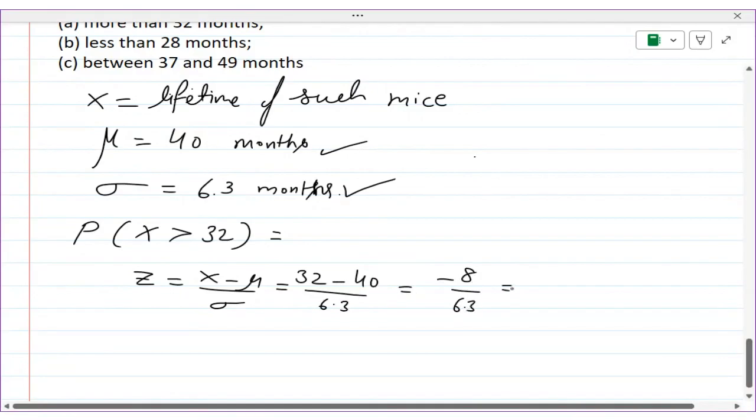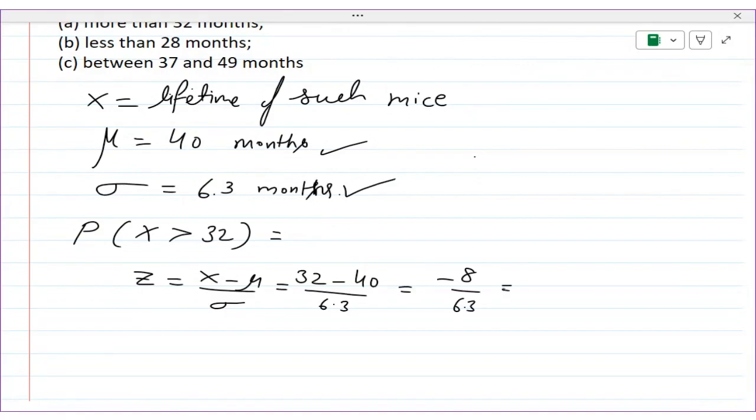Using the calculator, minus 8 divided by 6.3 is minus 1.269, so I am making it minus 1.27.